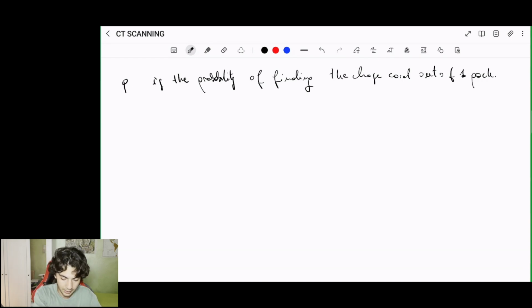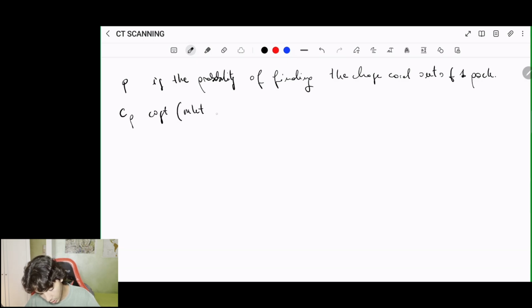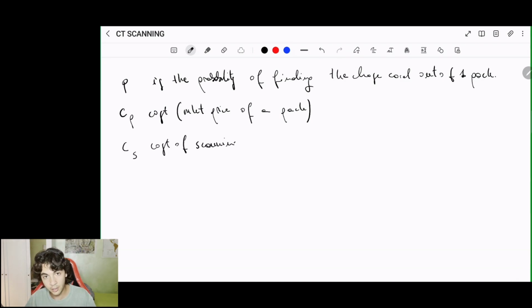It doesn't really matter. Now, the other thing we're going to consider is, let's call it C of P, cost or else market price of a pack. Now, another thing we're going to need is CS, the cost of scanning, right? And one thing I heard in one of the videos, even if scanning is free, you're not going to make money.